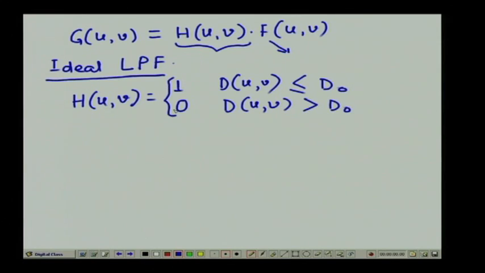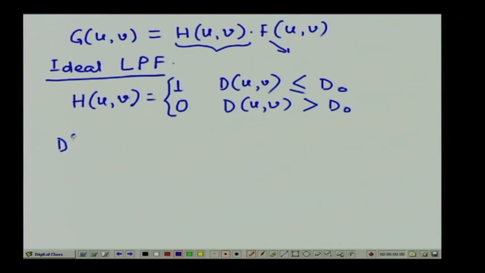This clearly means that if I multiply F(u,v) with such an H(u,v), then all the frequency components lying within a circle of radius D0 will be passed to the output, and all the frequency components lying outside this circle of radius D0 will not be allowed to be passed to the output.